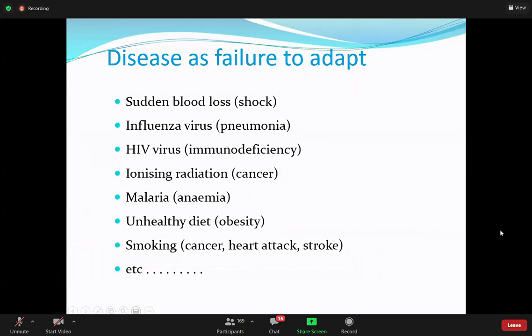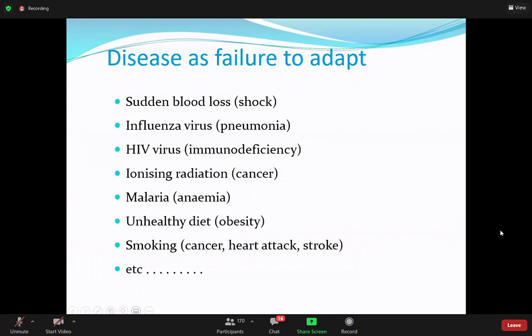Influenza virus. I'm not talking about the corona one. With influenza you have a cough, an upper respiratory infection, usually mild, and whether you take medicine or not, you become all right within a week.